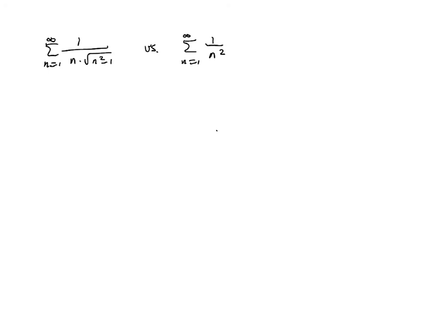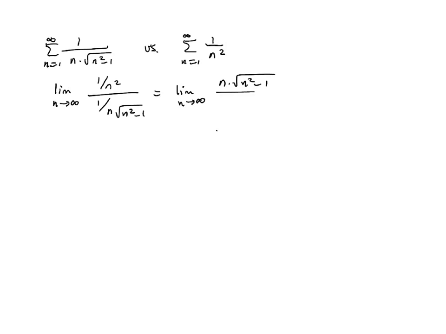And so to do that, we have to compute the limit as n goes to infinity of 1 over n squared, the thing we're comparing to, divided by the thing that we started with. Now, turning all of this into a single fraction, this is the limit as n goes to infinity of n times the square root of n squared minus 1, divided by n squared.